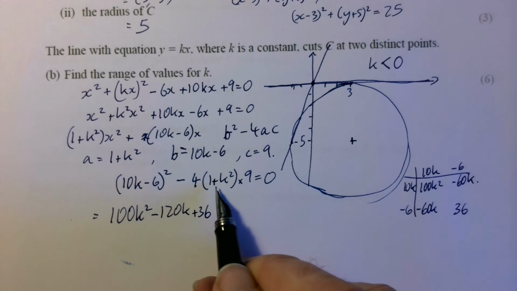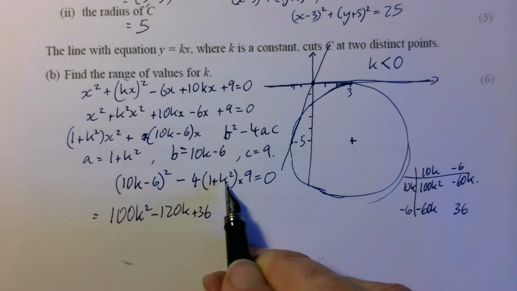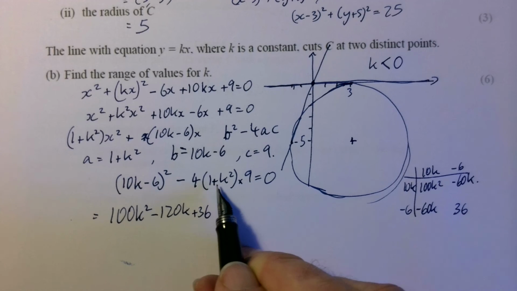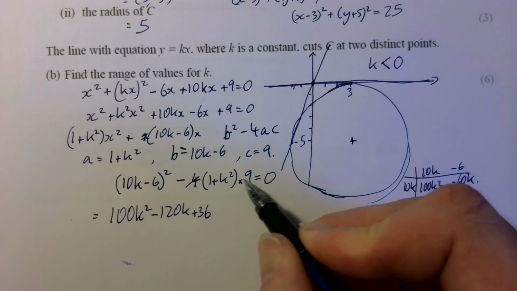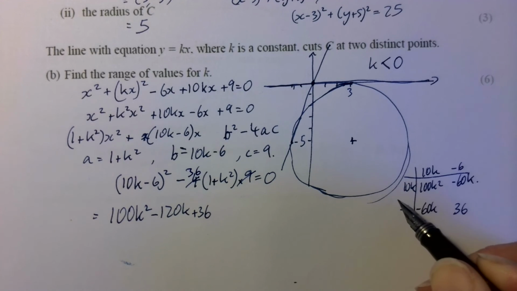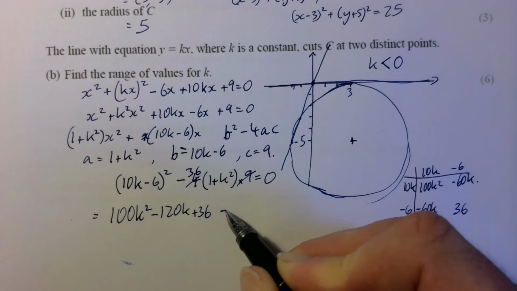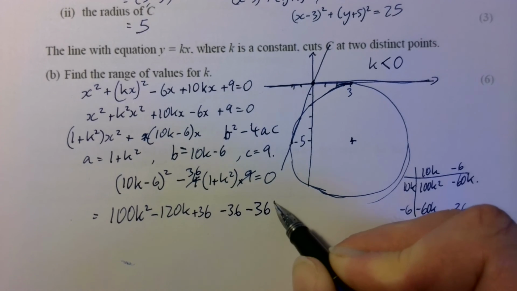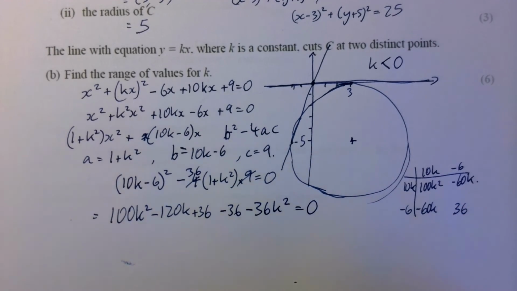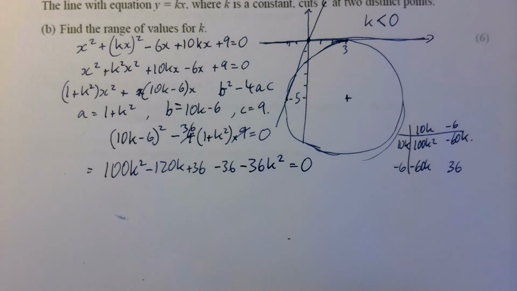Now if we expand all of this, we're going to have 4 plus 4k squared. That's all going to be times by 9. So actually let's just move that in. 9 times 4 is 36, isn't it? So I'm just going to change that to 36 there. And then that's going to give me minus 36, take 36k squared. And all of that is going to equal 0.